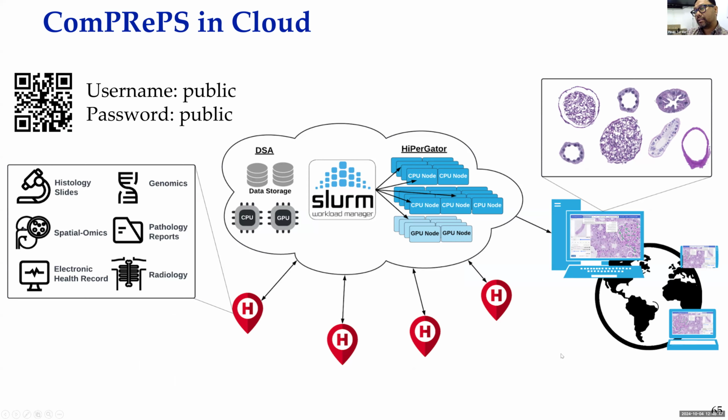The goal of this system is to take histology slides and other data, predominantly histology slides, in a public facing way. It uses the storage as well as CPU and GPU nodes in an HPCC framework, and uses all those horses, in a very, very secured way, right?